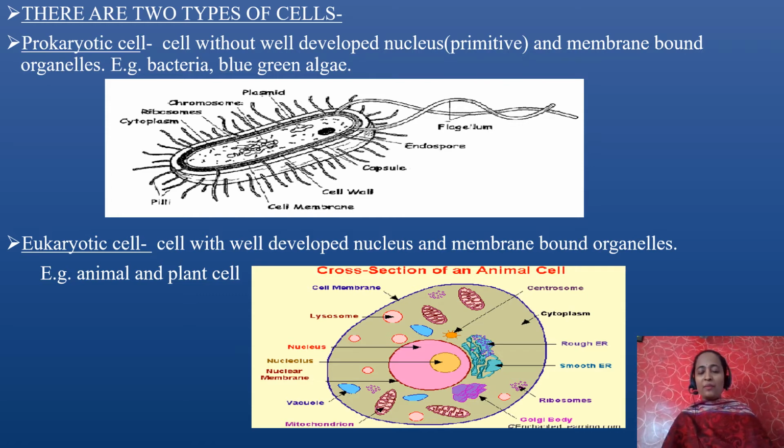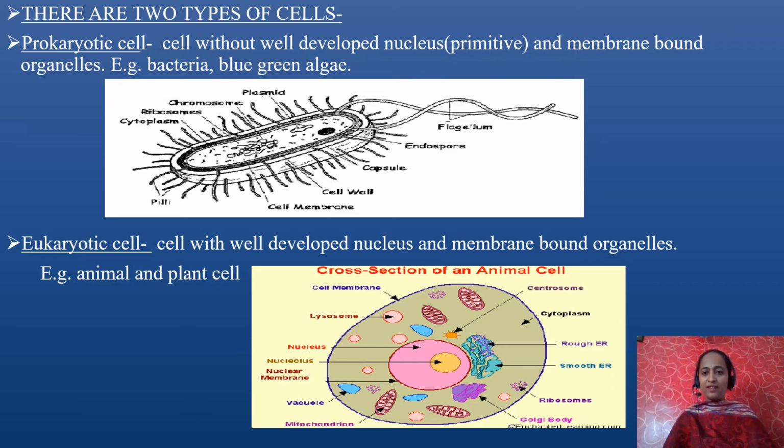Membrane-bound organelles like Golgi complex, endoplasmic reticulum, mitochondria, chloroplast, all these are absent in prokaryotic cells, whereas in eukaryotic cells, membrane-bound organelles are present. In a prokaryotic cell, DNA or nuclear material is not covered by any nuclear membrane.